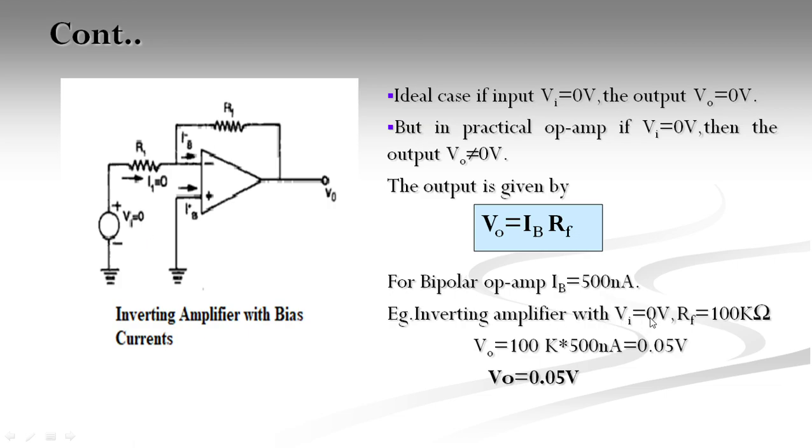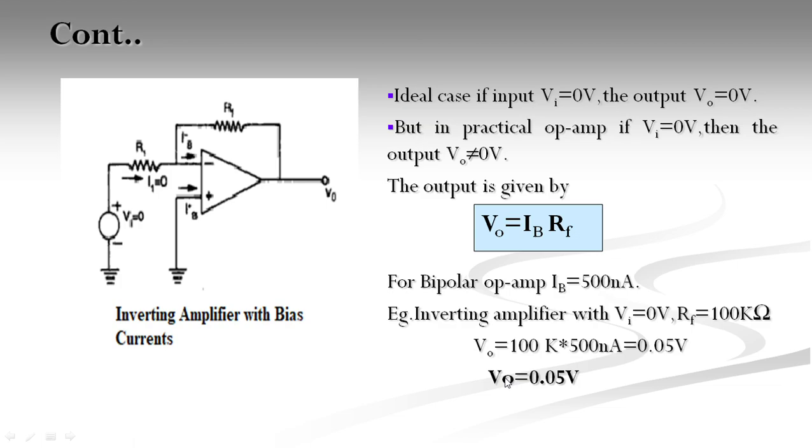So Vi is 0 and RF is 100 kilo ohms, and the transistors used in the internal part of the op-amp are bipolar. So your IB takes the value 500 nanoamps. V naught will be equal to IB into RF. IB is 500 nanoamps and RF is 100 kilo ohms. So we are getting a voltage of 0.05 volt. So even if my input is 0, I'm getting some amount of offset or error voltage at the output.